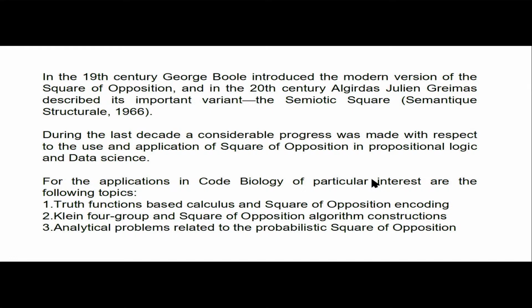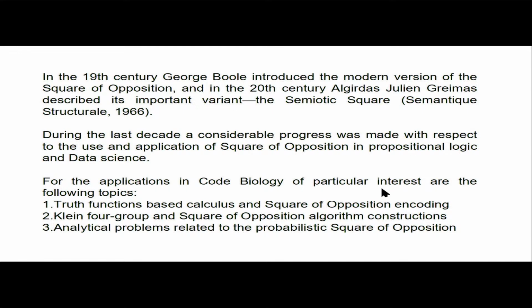However, during the last decade, considerable progress was made with respect to the application of the square of opposition, not only in logic, but in truth function application, and also in evaluation of some psychological scales, cognition, and basically practical application.